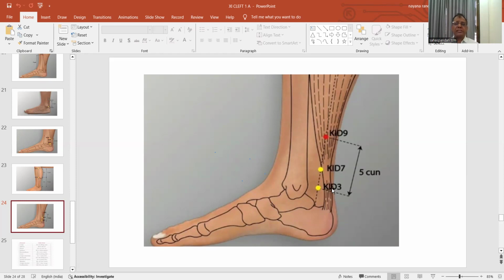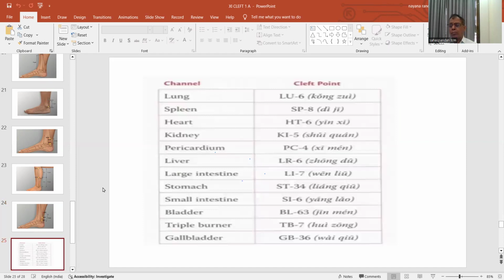So let us summarize the Xi-cleft points of the 12 meridians.